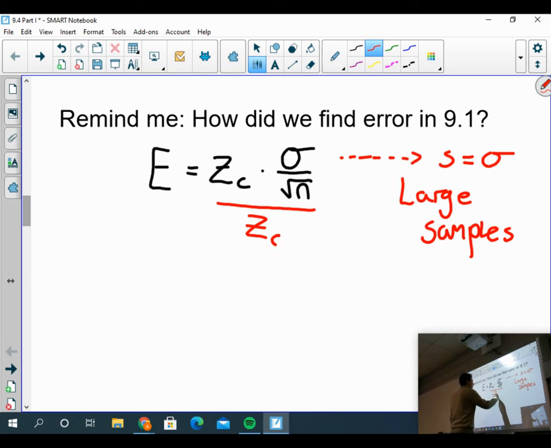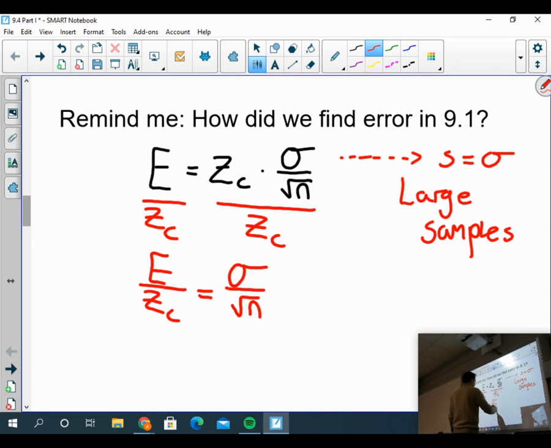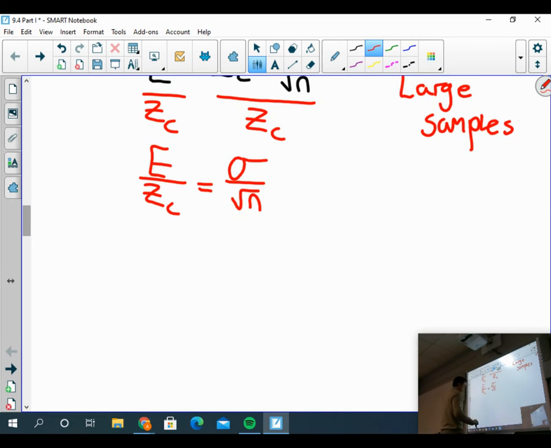We can do that by dividing by z of c. And then, applying a little more algebra, we can multiply across.